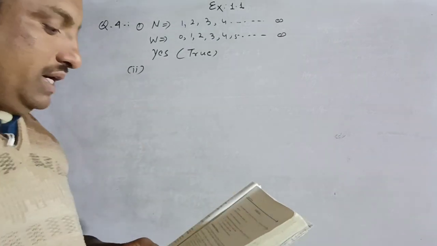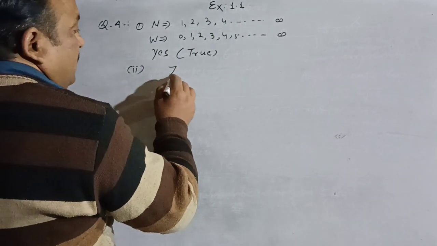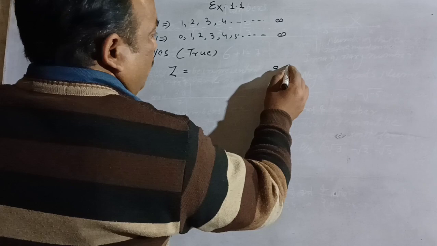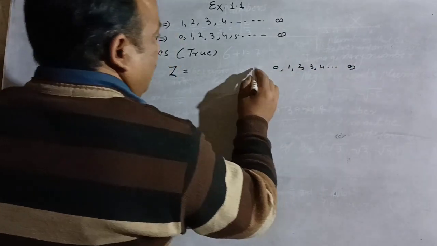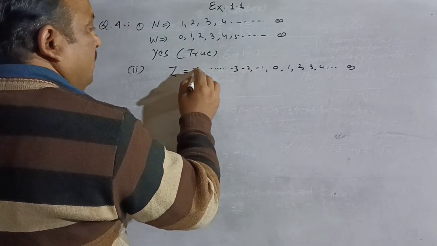Second part: every integer is a whole number. First we write the integers. We represent integers by Z, and integers are 0, 1, 2, 3, 4 up to infinity, and minus 1, minus 2, minus 3 down to minus infinity.